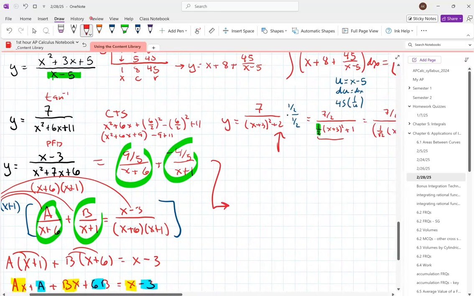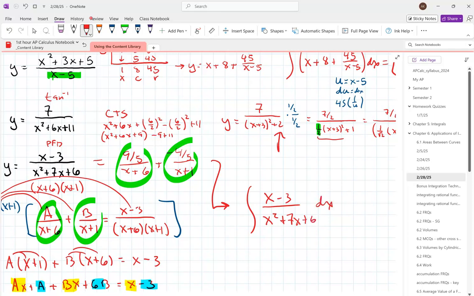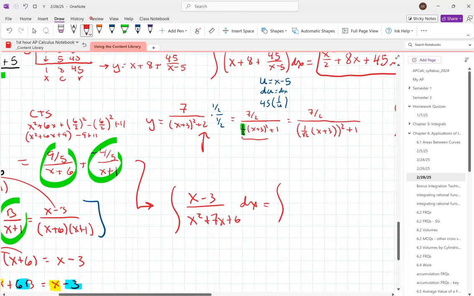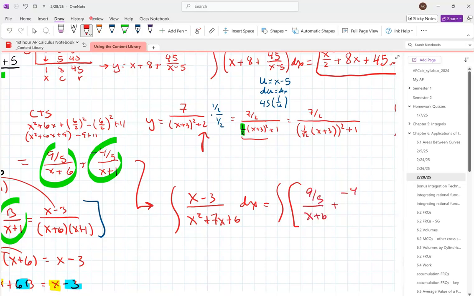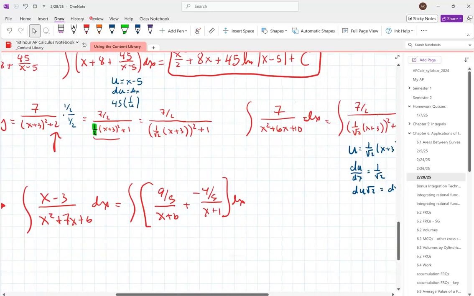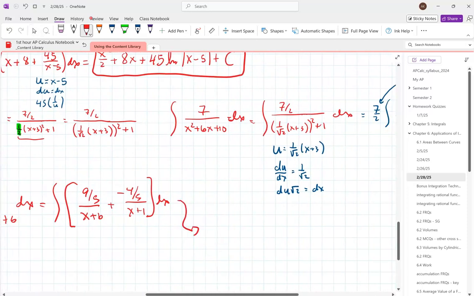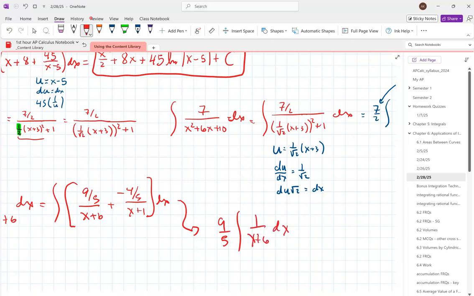All right, now that we have that, we're ready to integrate. This integral is just going to equal, and we can break that up into 9/5 integral of 1 over x plus 6 dx, plus minus 4/5 integral of 1 over x plus 1 dx.